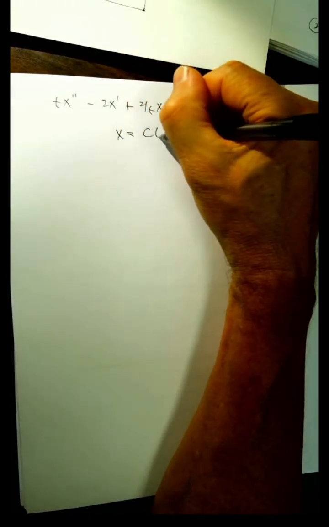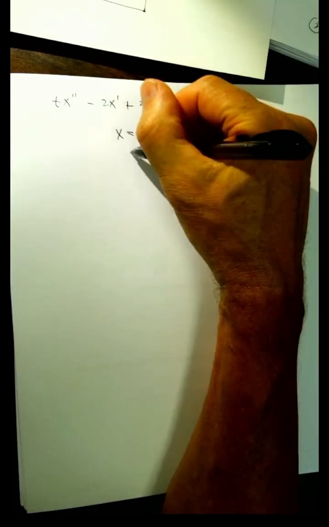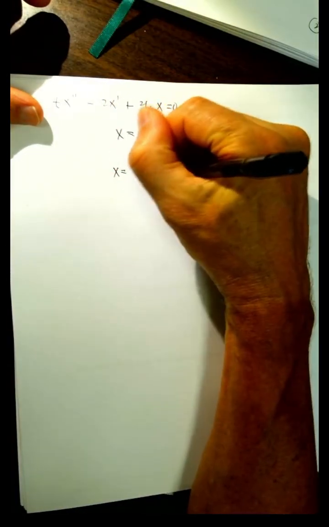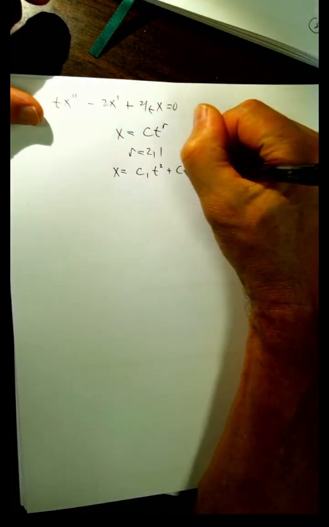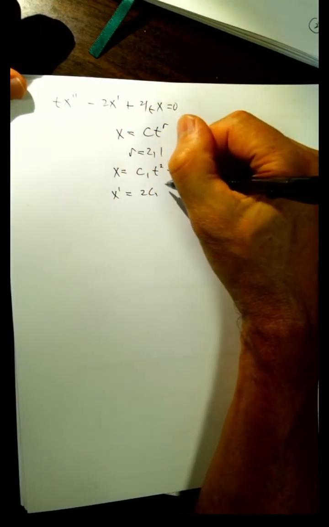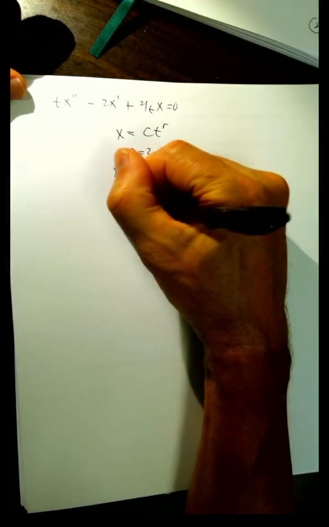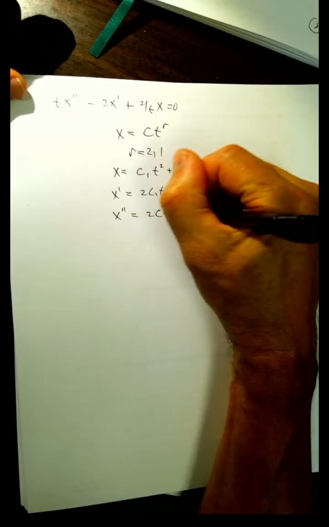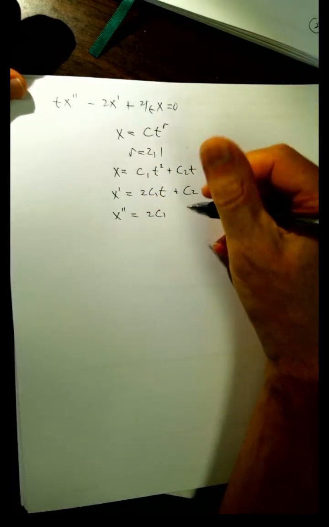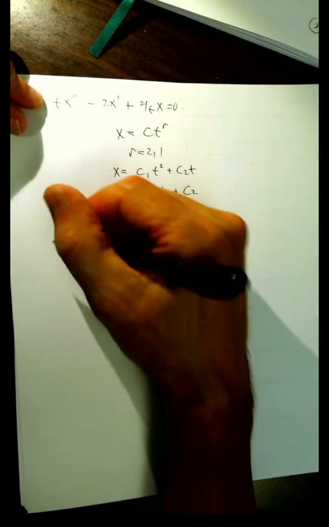We assumed x is in the form of c t to the r, and then found that r is 2 or 1. So that means that our solution then looks like c1 t squared plus c2 t. And now if I want to check to see if this works, I can take the first derivative. So derivative of t squared is 2t. Derivative of c2 t is c2. Second derivative is going to be 2c1. Derivative of t is 1. Derivative of that's 0.